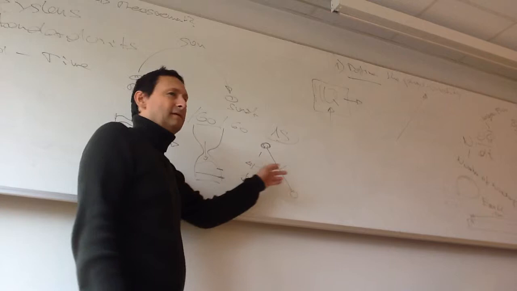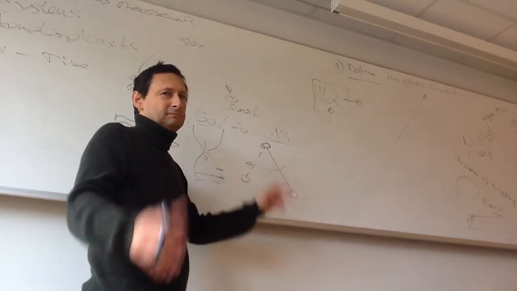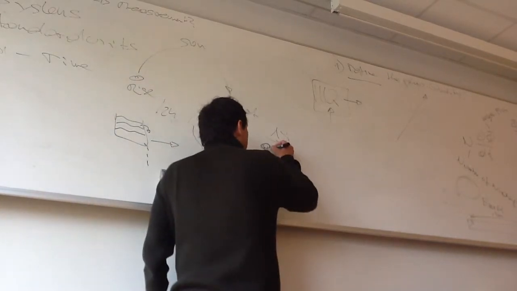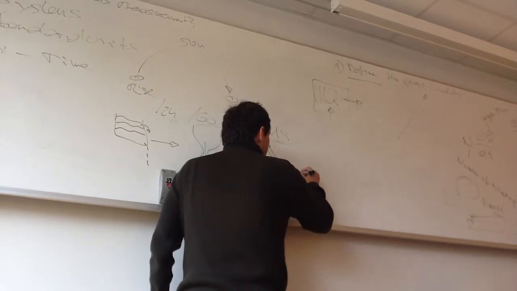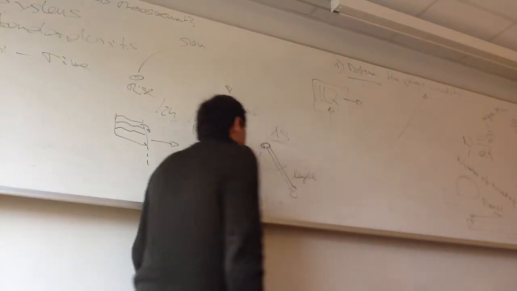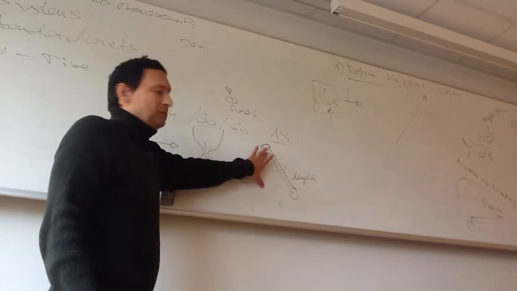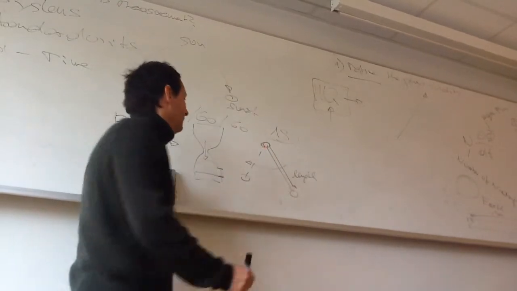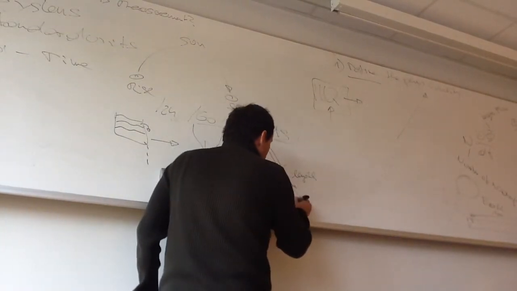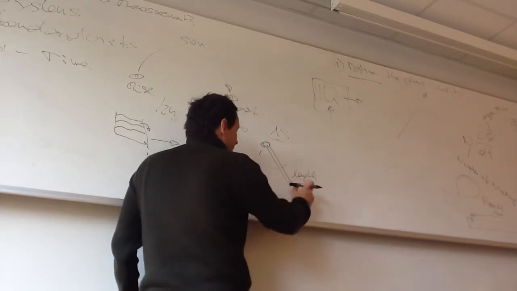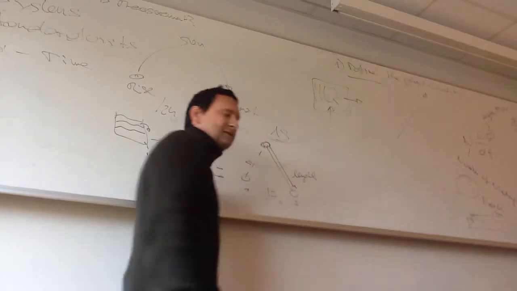The period? There's only one parameter, the length. So out of this you can set up a clock so that the movement of the pendulum from one extreme to the other is exactly 1 second.